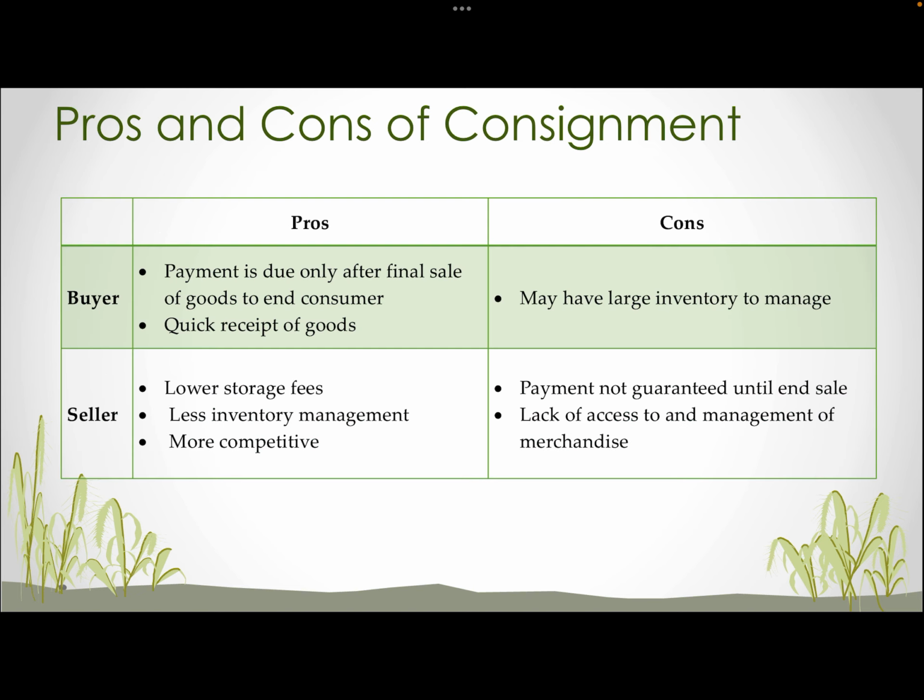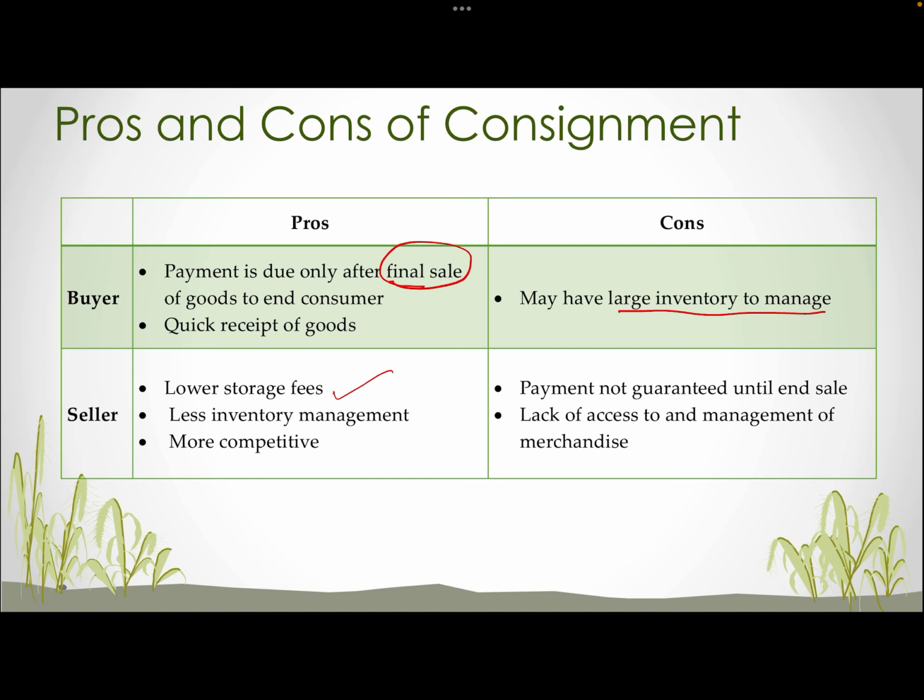Okay. So the pros to the buyer, the payment is only due after final sale of goods to the end consumer, and need quick receipt of goods. But the buyer will have to manage the merchandise and may have a large inventory to manage. For the seller, lower storage fees.